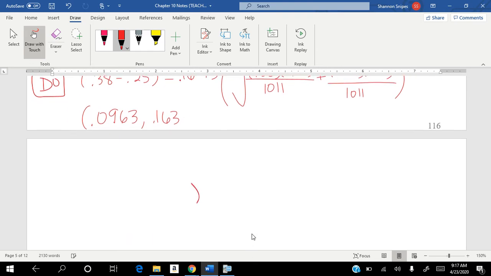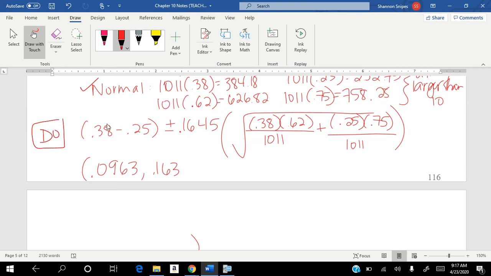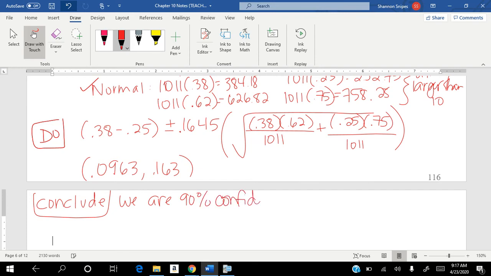All right, let's conclude. We are 90% confident that the interval from 0.0963 to 0.163.